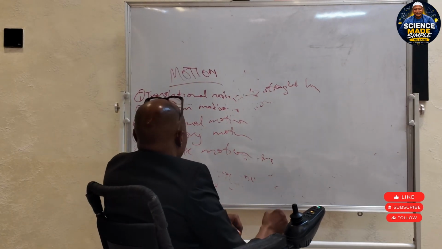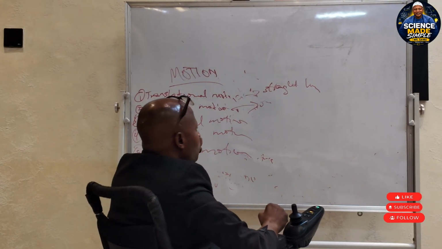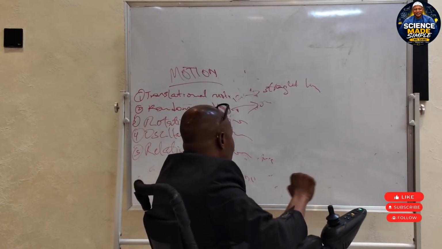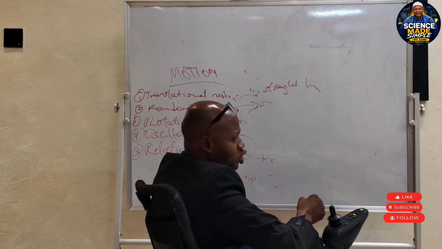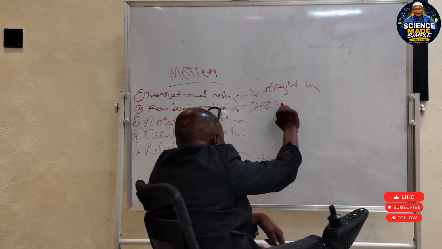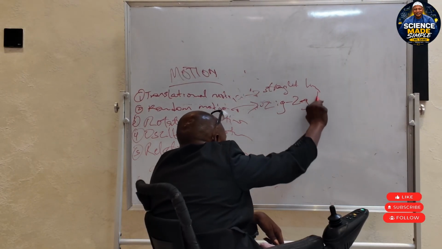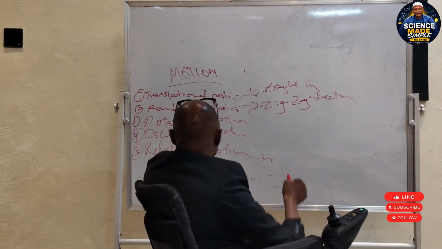Random motion, this is zigzag motion, that is no specified direction. It can move in any direction, like the motion of a butterfly. Zigzag, irregular direction, not defined.